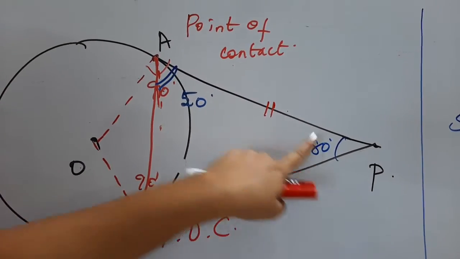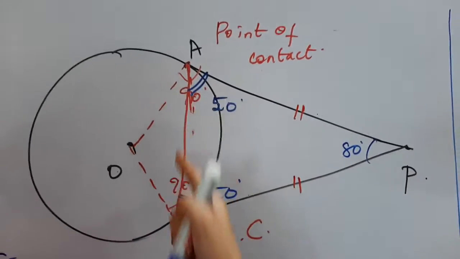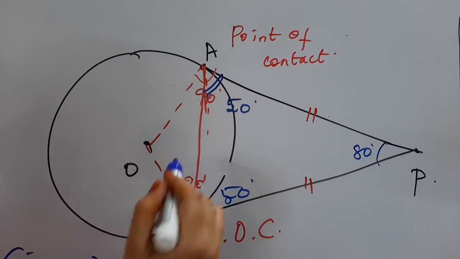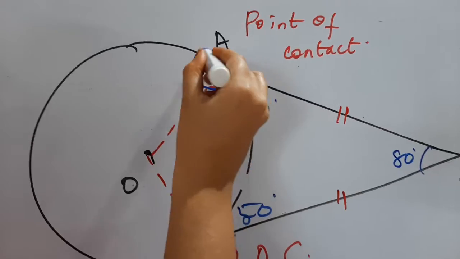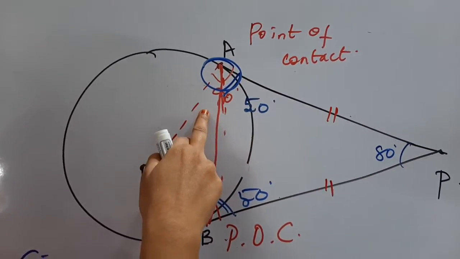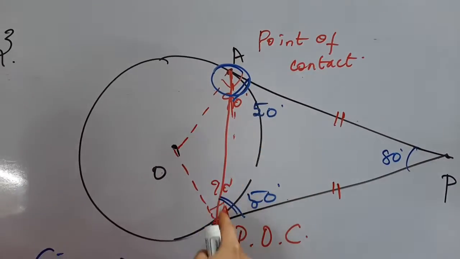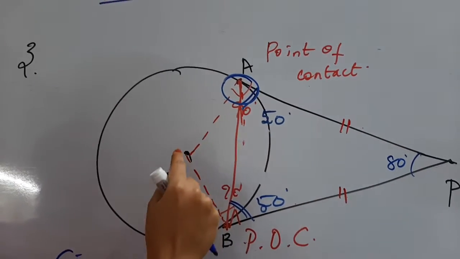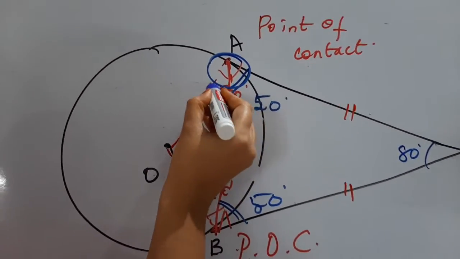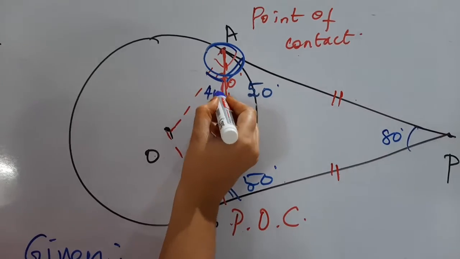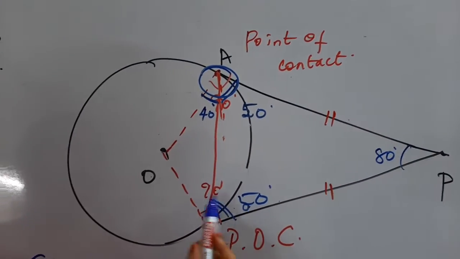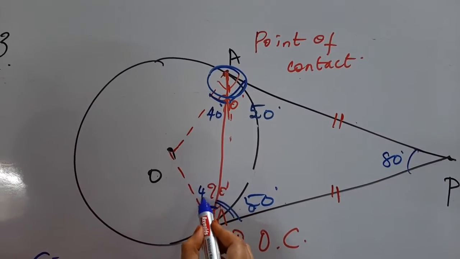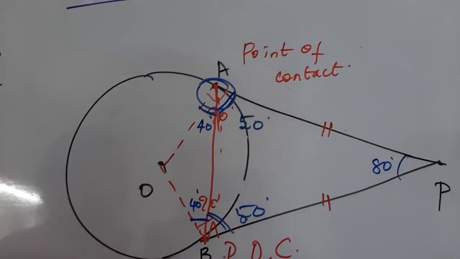Now we got 80, 50, 50. In this triangle, total angle is 180. Now here the complete angle A is 90. Since PAB is 50, the remaining OAB must be 40. The same way here it is 50, so the remaining here is equal to 40.